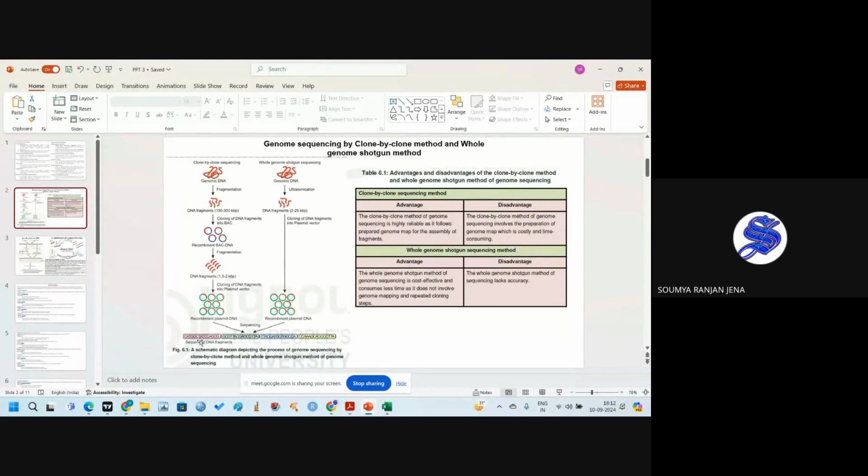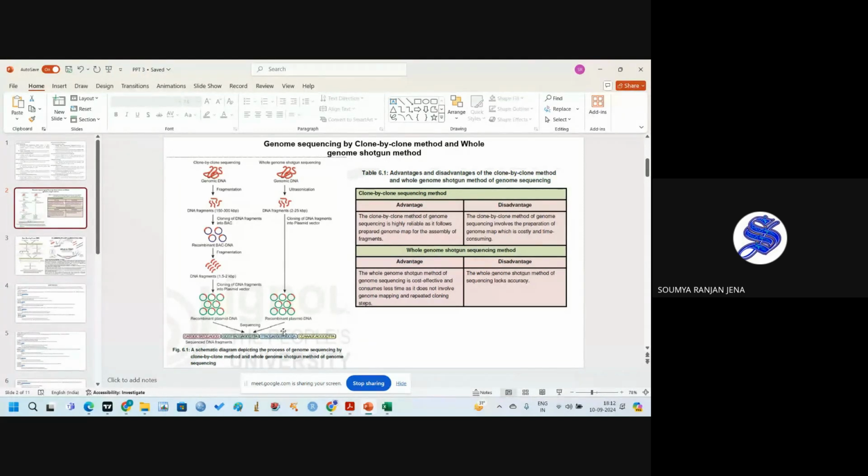Then we align them. You have to see here written is GCG, and here the start is GCG. Then this alignment is possible. Then we call this the first fragment and this the second fragment. Then here the end is TTA, and here the start is TTA, so we overlap these two sequences.